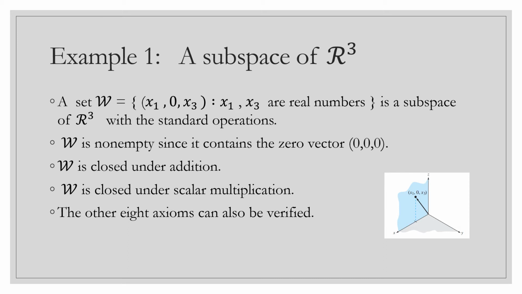That is, suppose x1, 0, x3 and y1, 0, y3 are in W, then their sum will be x1 plus y1, 0, x3 plus y3, which is also in the xz plane. Similarly, we can see that W is closed under scalar multiplication, and also we can verify that the remaining 8 axioms of the vector space are satisfied in this case.